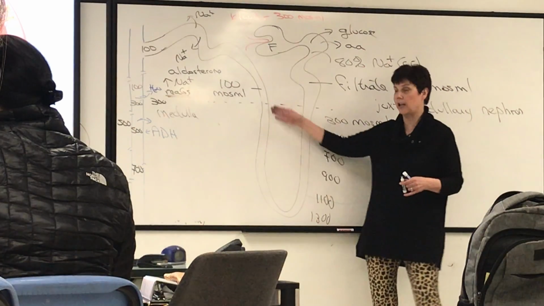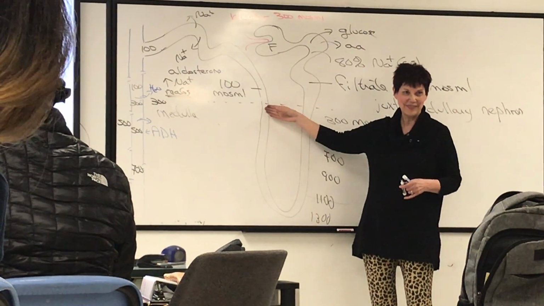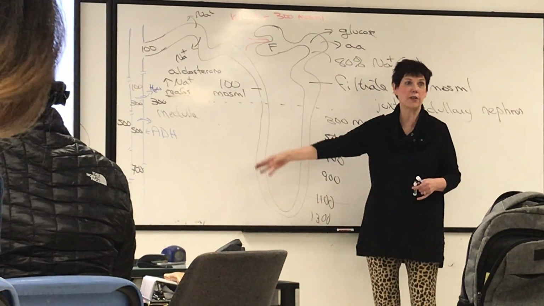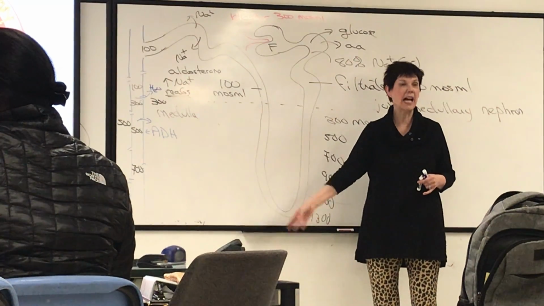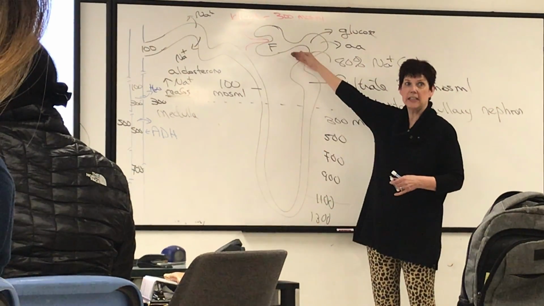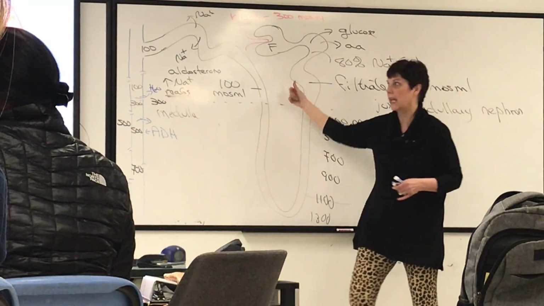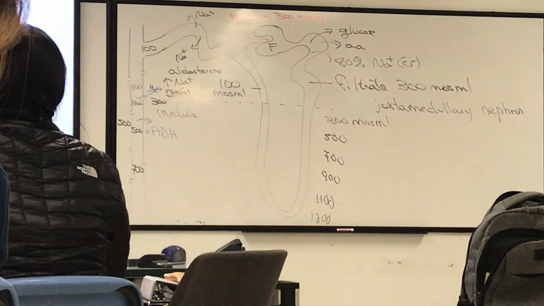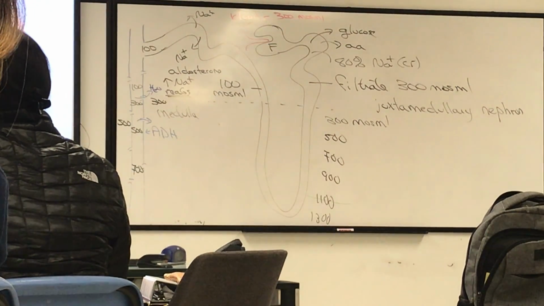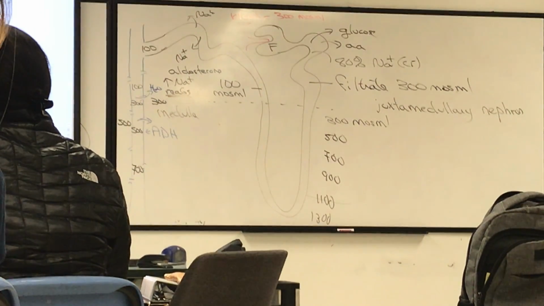The filtrate is not concentrated when it leaves. The concentration occurs if needed in the collecting duct of the medulla. Collecting ducts in the cortex can't concentrate because they're completely surrounded by 300 milliosmoles. Okay? All right. So, now let's look at that process.